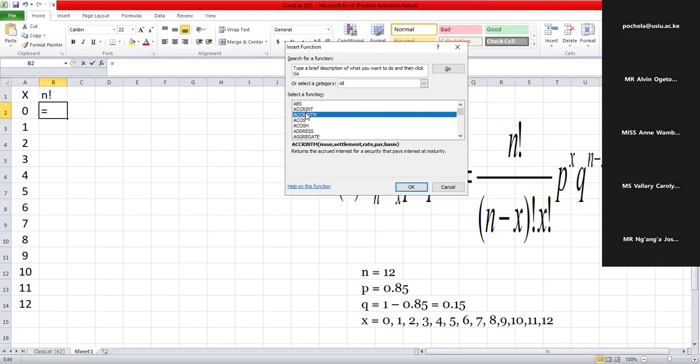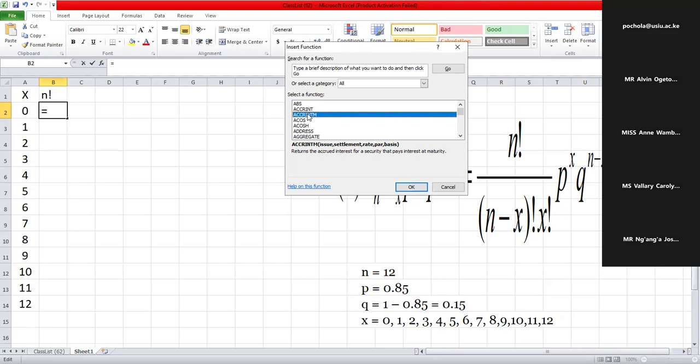All these functions are arranged in ascending order, using the first letters. Every function in Excel is arranged by the first letters of that function. The first letters of factorial are fact. If there was another, you'd go to the second letters. But I know it's only factorial with FA.